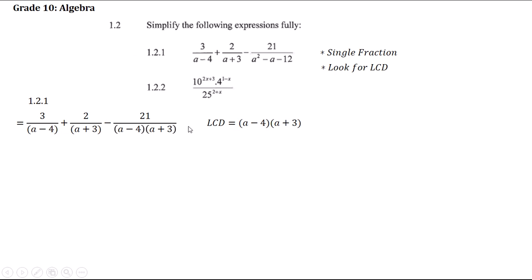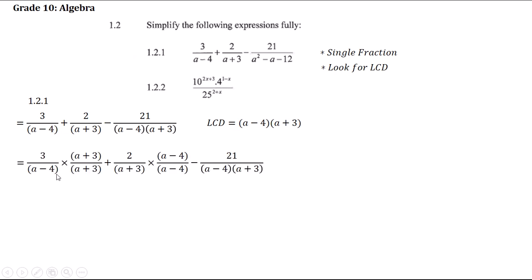The last one is already like this, so there's no need to change it. So you multiply the numerator and the denominator by a plus 3, because what we are trying to achieve is to make all the denominators like this. For this other side, you multiply by a minus 4.